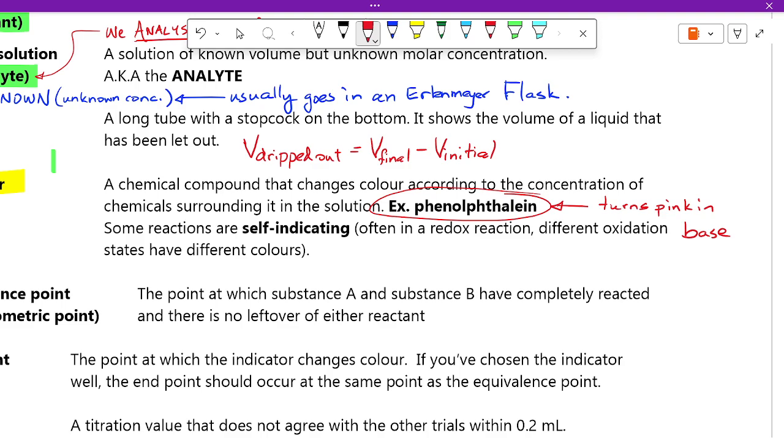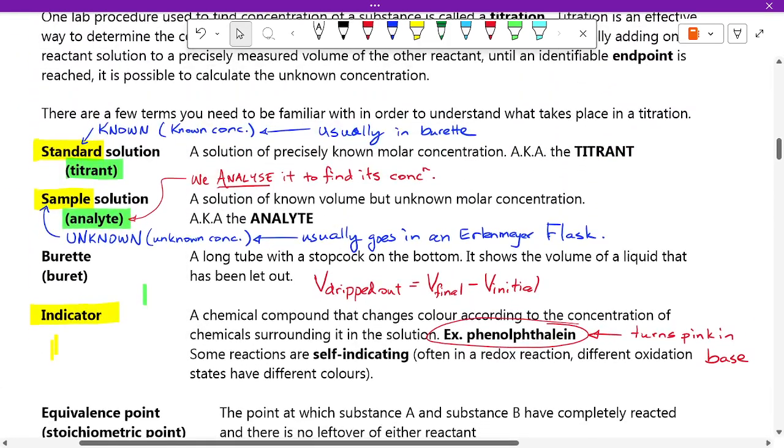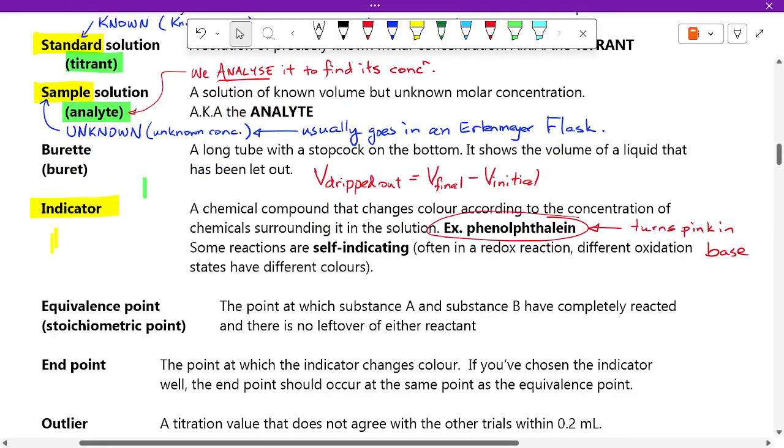Okay? All right, so we have our standard, our titrant that does the titrating. The titrant does the titrating. We have the sample, the analyte, which we analyze. We have the burette, which drips the stuff into the Erlenmeyer flask. We have the indicator that changes color when the reaction is complete.